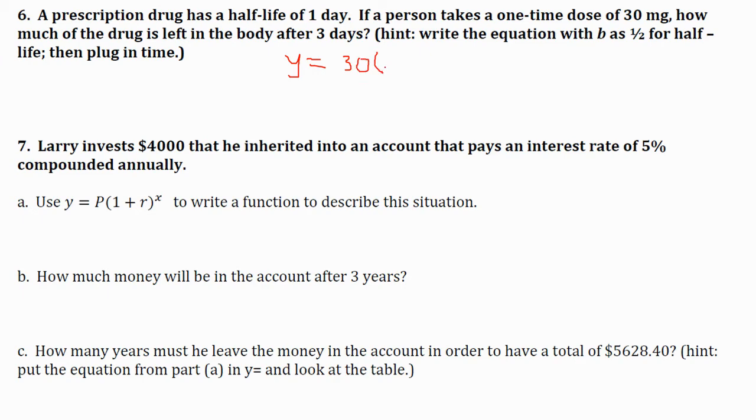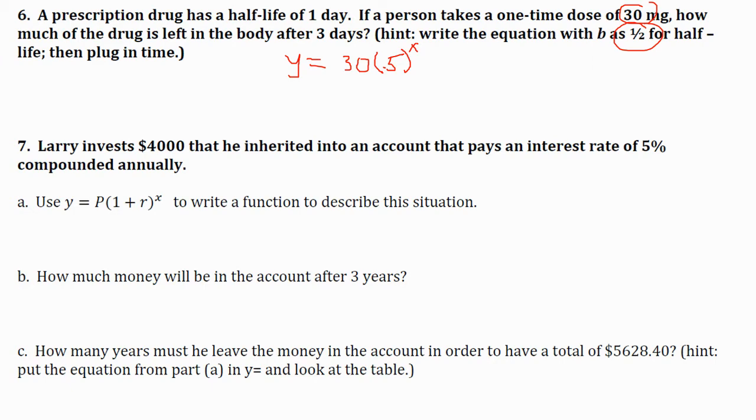So half-life is 0.5, right? So 0.5, and that's to the power of x. So you're literally just going in and talking about where you start and then your rate of growth or decay, in this case, your rate of decay. And so that's how you would write the equation of that.